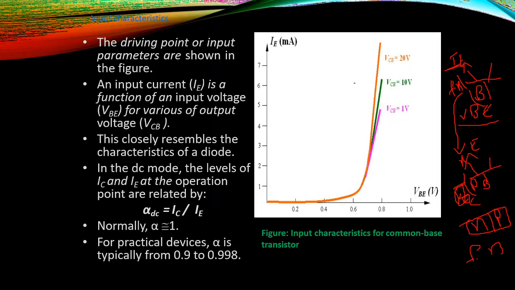So in the forward bias case of a PN junction, as the voltage increases, the current increases exponentially.